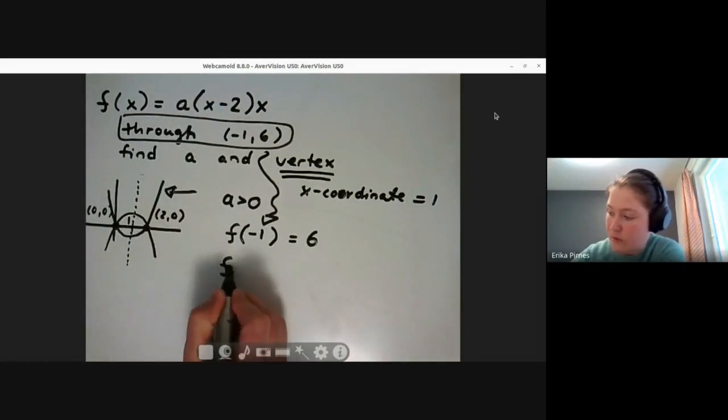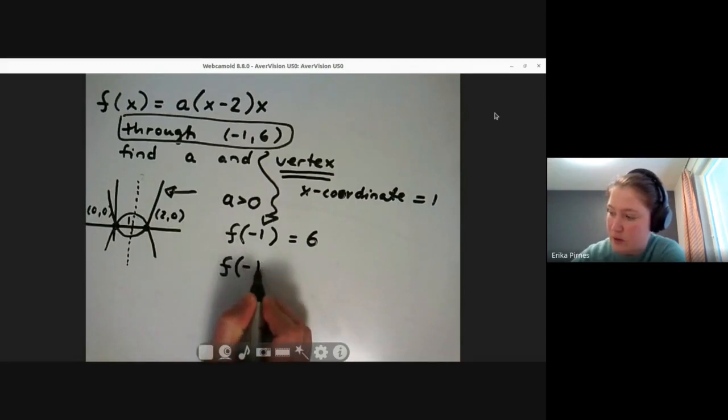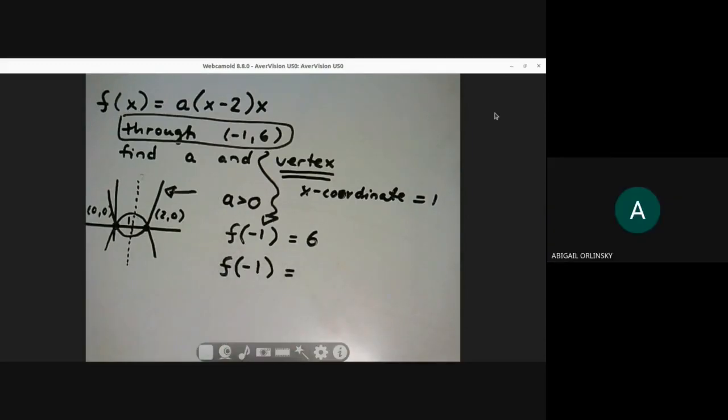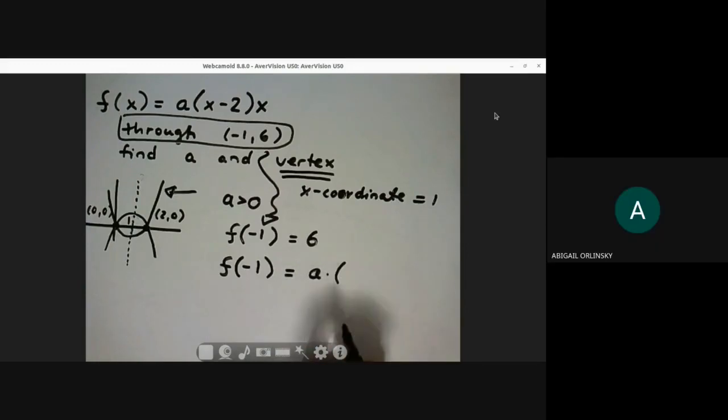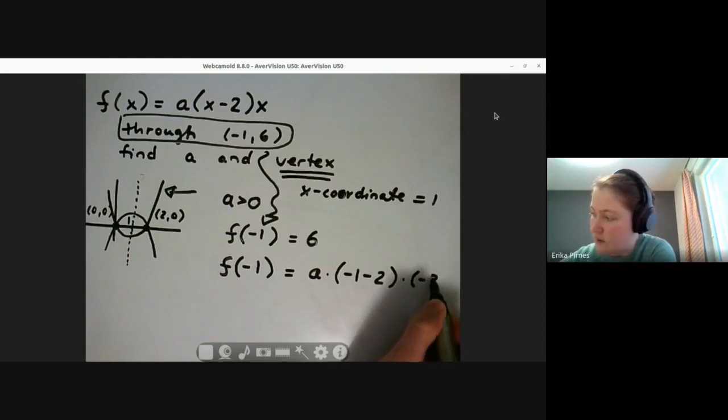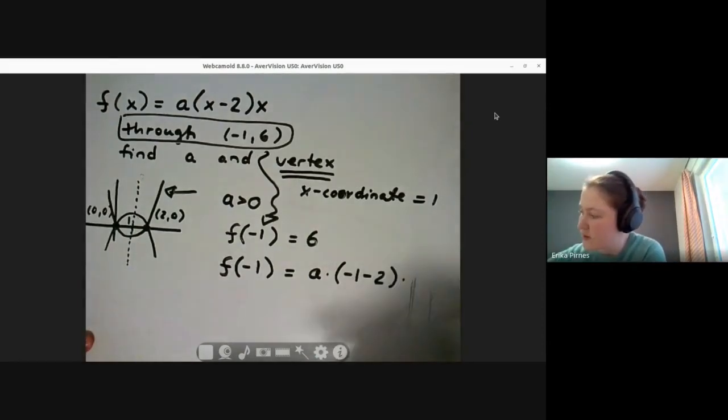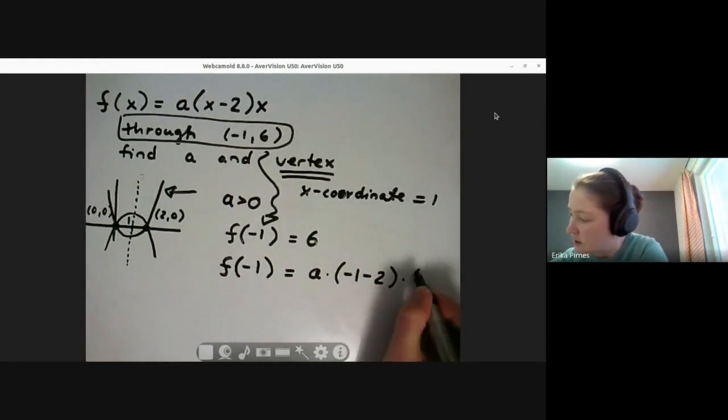So now from the formula, f of -1 is what? f of -1 is a times (-1 minus 2) times -1.